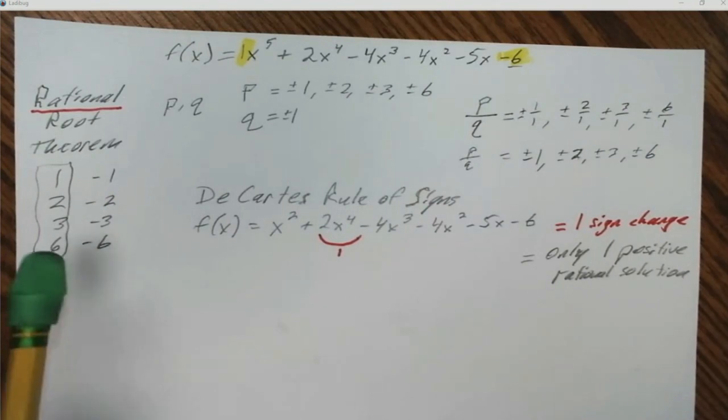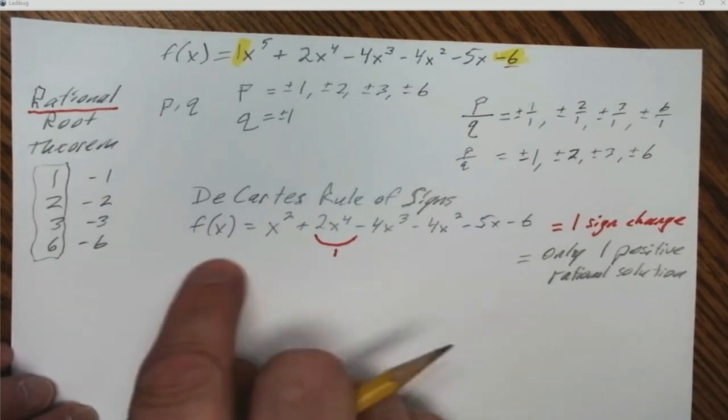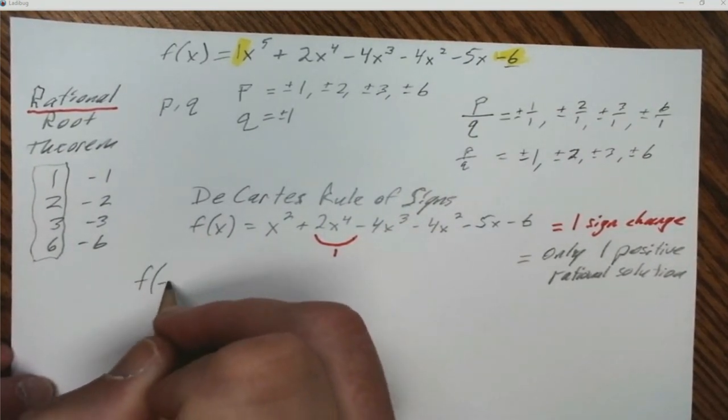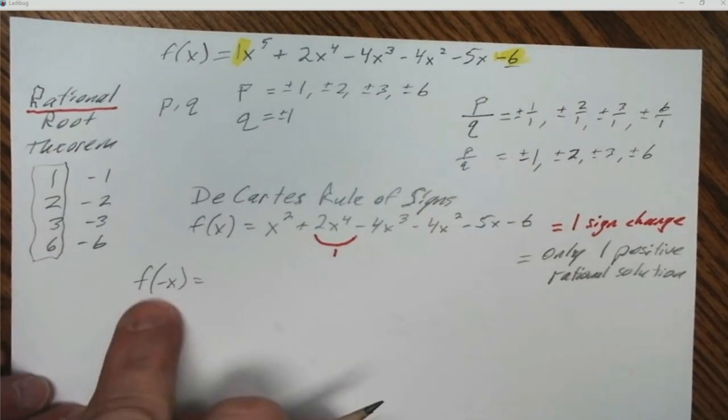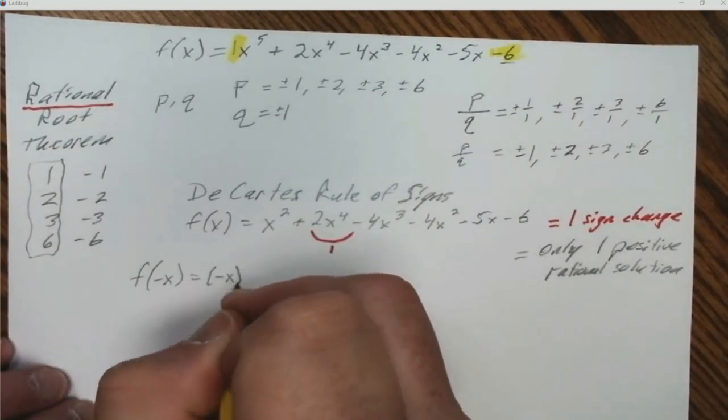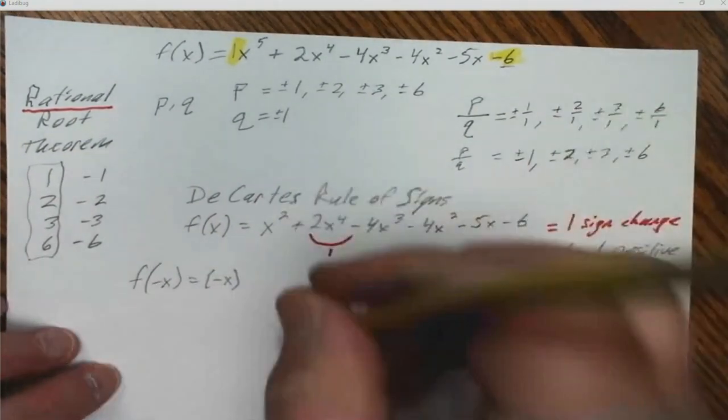But what about the negative ones? Oh, Descartes' rule of signs works for that too. If we take this original equation and we rewrite it by substituting a negative x into it. All right, so this is going to be negative x. Oh, that's not squared. That's supposed to be the fifth.